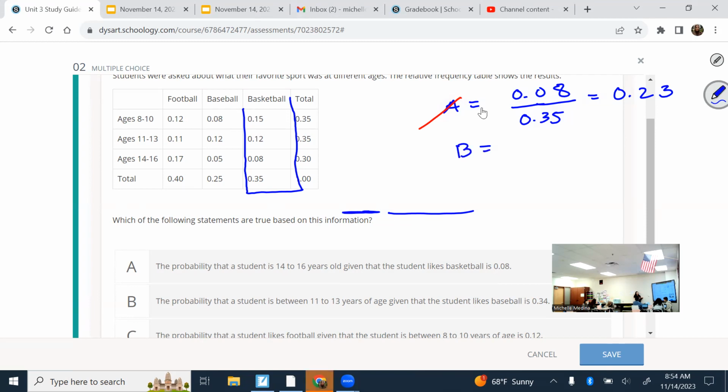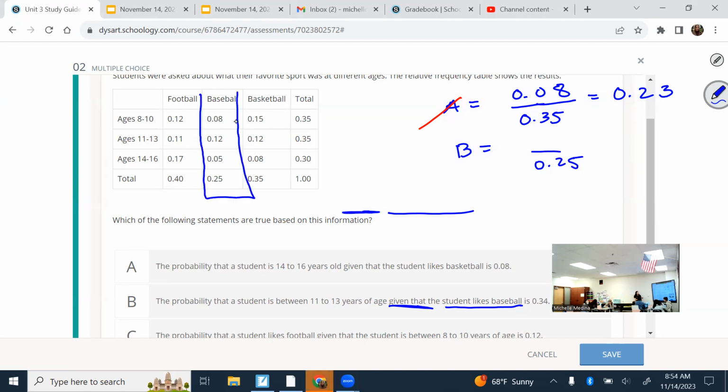The probability that a student is between 11 to 13 years of age, given that the student likes baseball. Whatever follows given that is going to be your denominator. So how many total students like baseball? 0.25, so that needs to be my denominator. Then out of the students that like baseball, how many of them are 11 to 13 years of age?